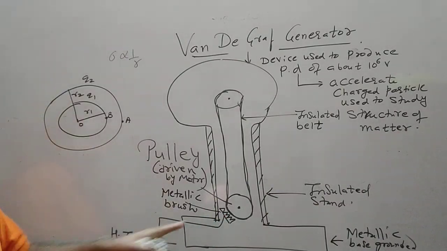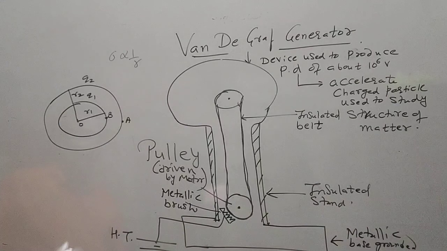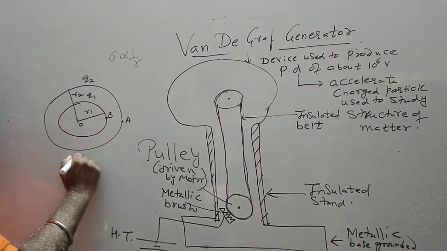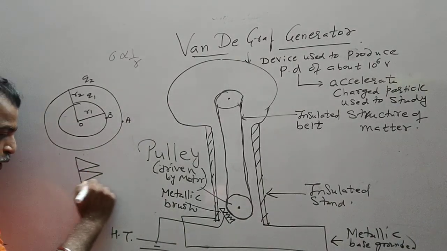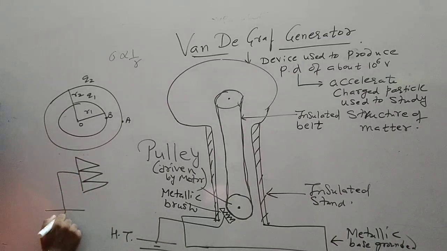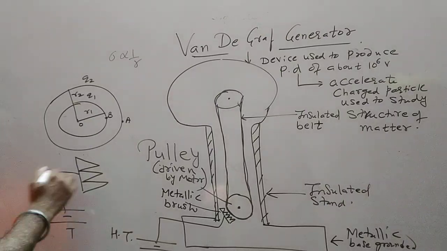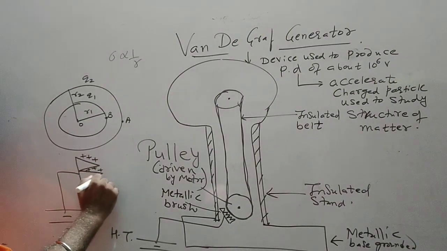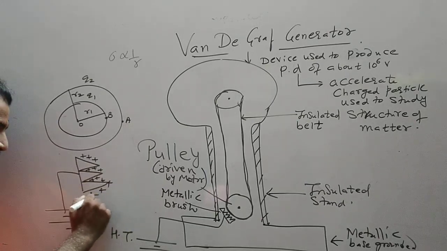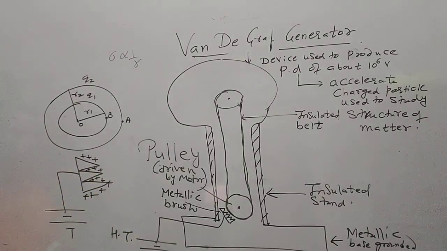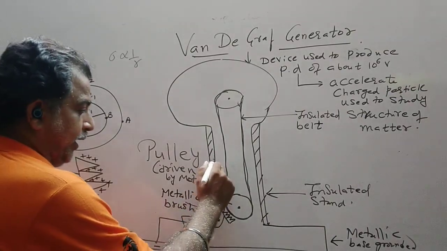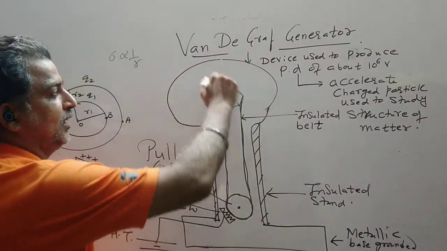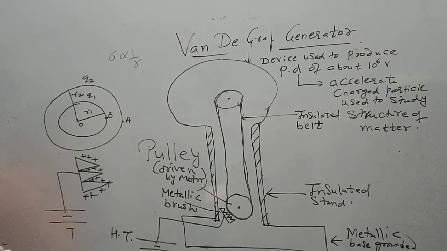So when this comb is connected to a high tension battery or a high tension supply, the charge will be distributed first on its surface. The surface charge density will be more. Again, the medium inside the Van de Graaff generator is insulated or it is a vacuum.